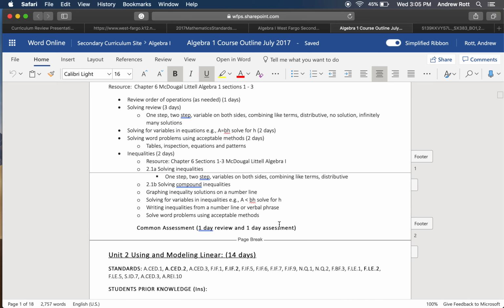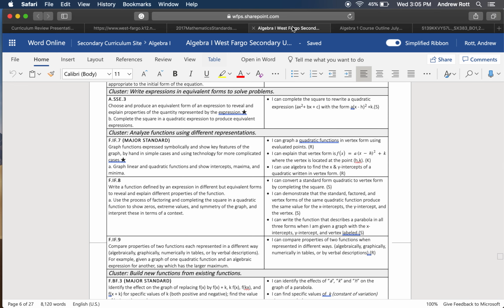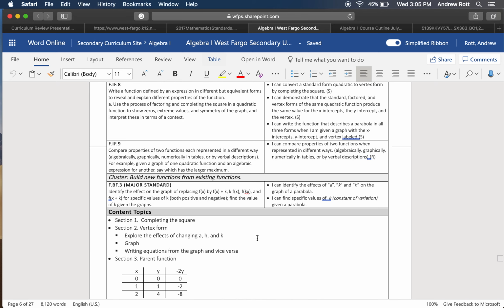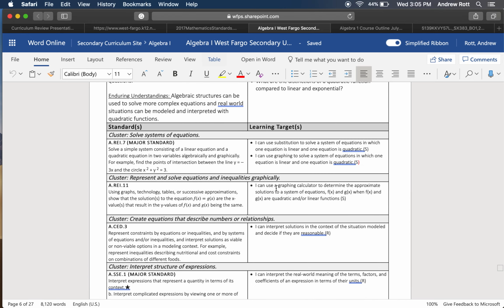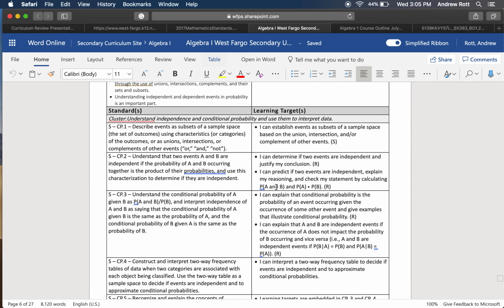One day for review, one day for assessment, and then two days on this, three days on that. So it's very organized. It's fully developed. We have a list of supporting materials at the end of each unit, if there is a need for that.